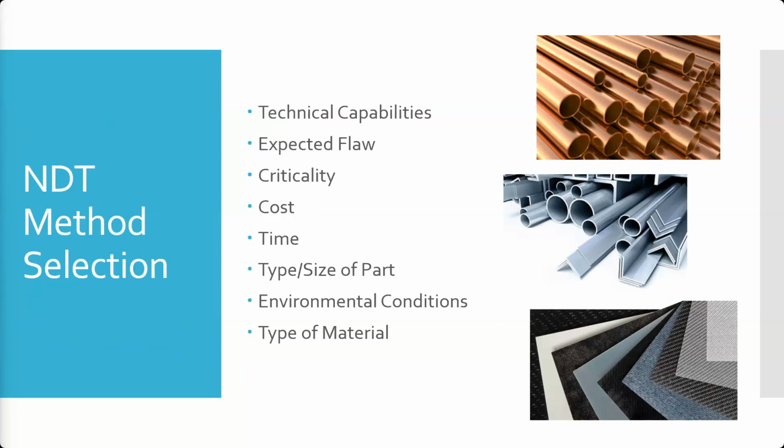So the criticality takes that into account, and cost and time play into that, right? Most of these methods are going to be more expensive than a visual inspection. Most of them are going to be more expensive than pulling out a set of calipers.